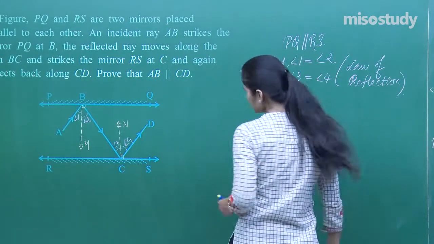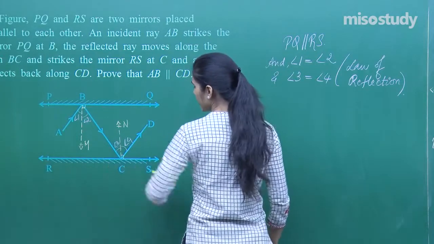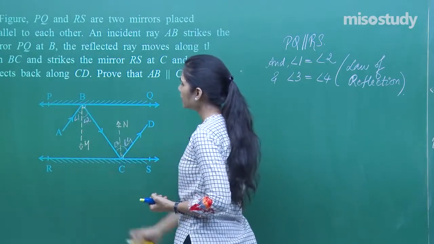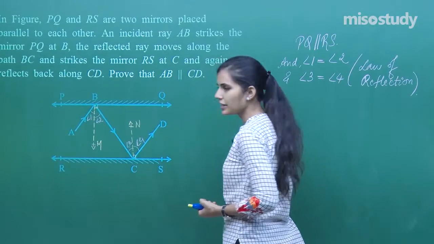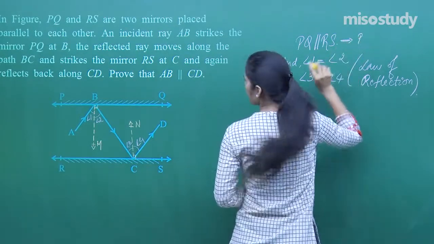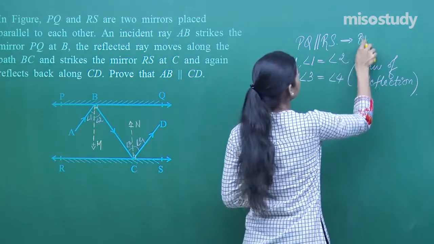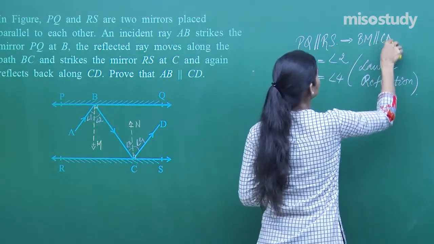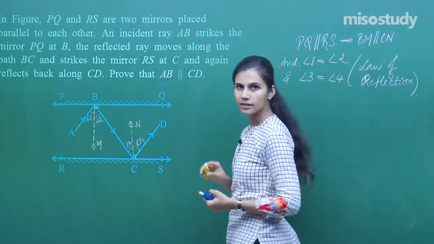Fine. Now as I was saying, as PQ is completely parallel to RS, this perpendicular BM will be parallel to perpendicular CN. Perpendicular BM is parallel to the perpendicular CN.